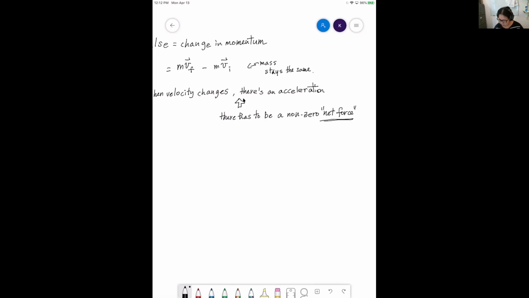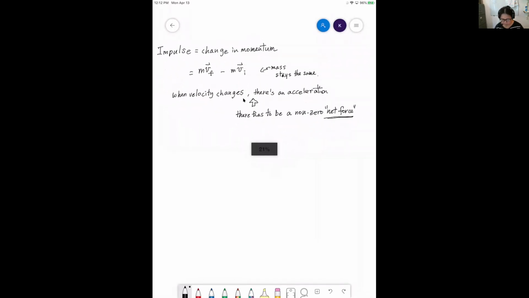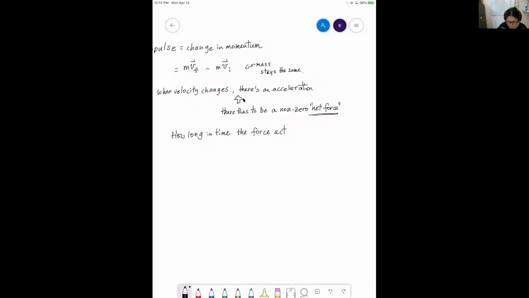So how long in time the force acts on the object matters, it influences impulse.